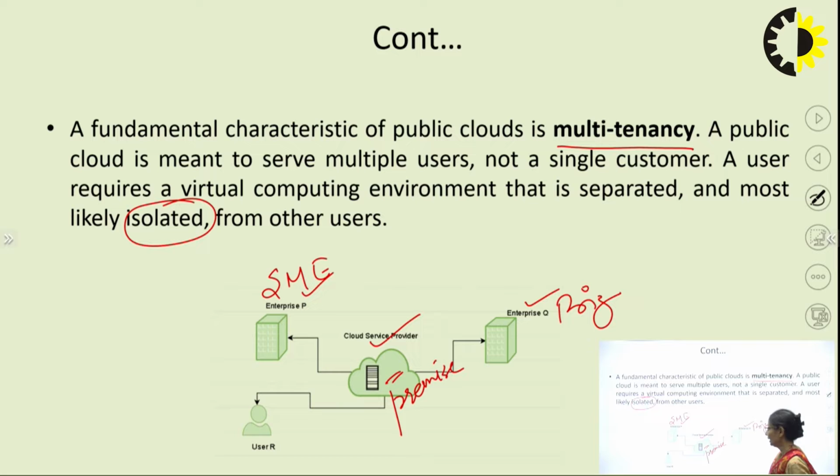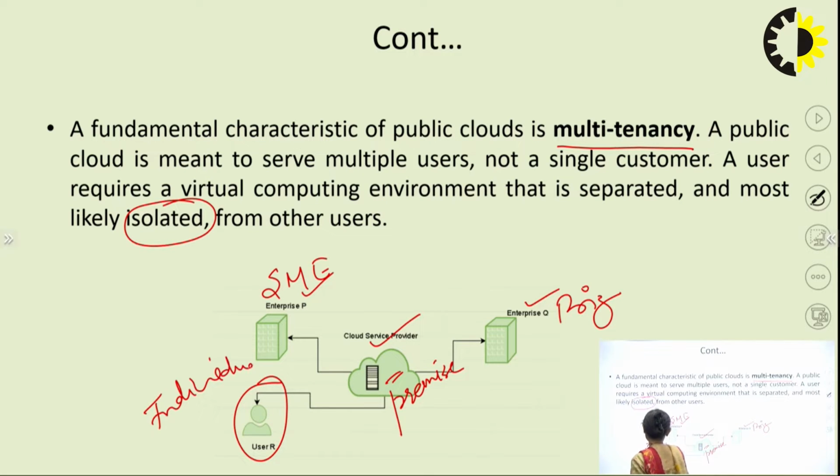And here we also have individual users. So not only organizations, but single users or a group of small users also get connected with the cloud and avail these services through the cloud service provider.